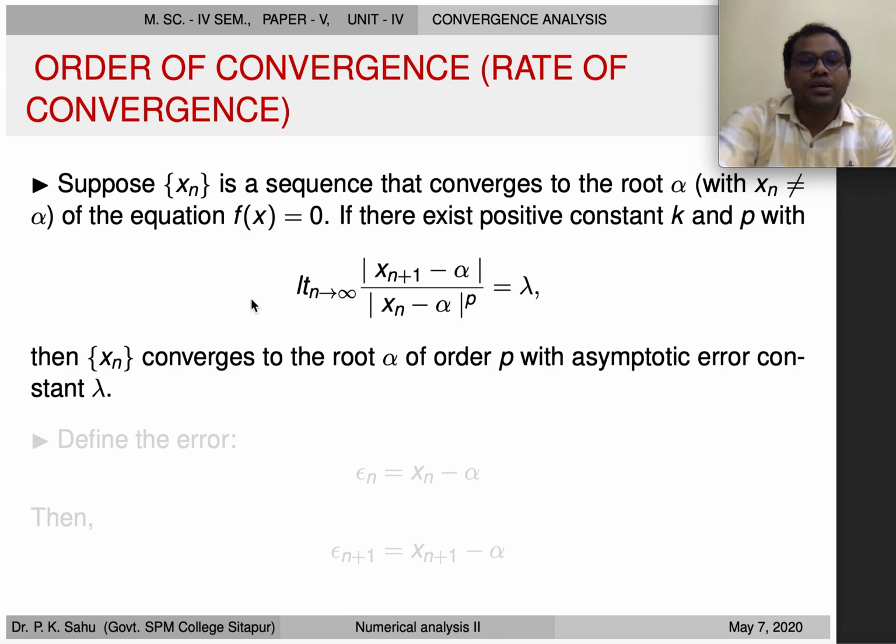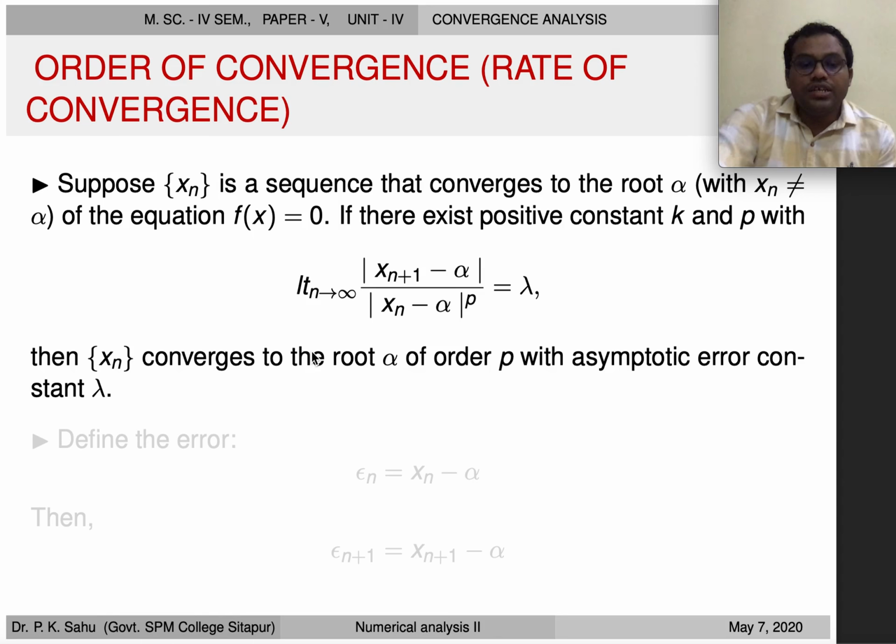Now, what if we have two constants lambda and p such that the limit as n tends to infinity of mod of x(n+1) minus alpha divided by mod of xn minus alpha to the power p is equal to lambda. Then we say that the given numerical method converges to the root alpha of order p. Means xn is the nth iteration or approximation that we have generated by using that numerical method, and x(n+1) is the (n+1)th approximation or iteration that we have generated.